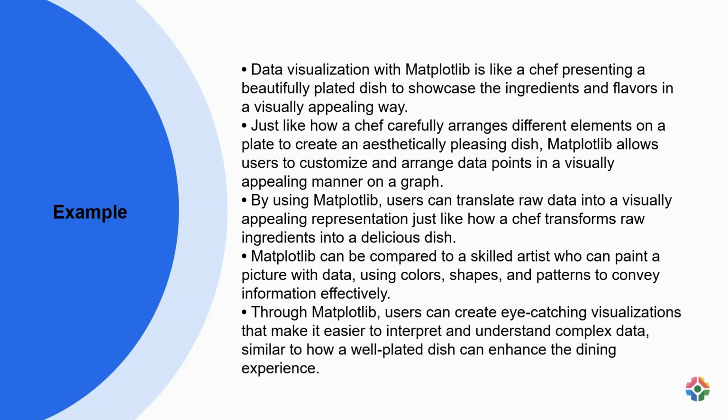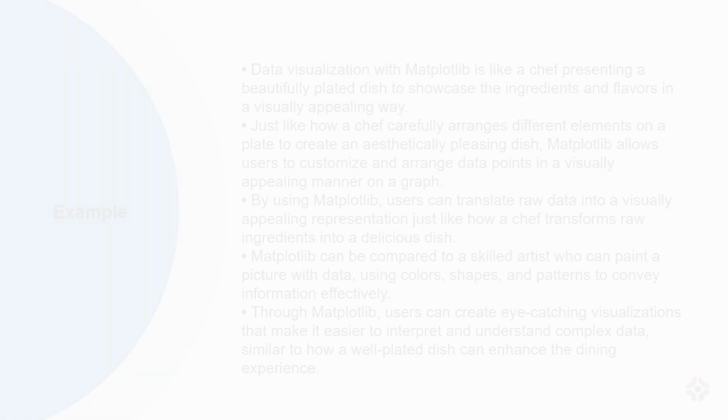By using Matplotlib, users can translate raw data into a visually appealing representation, just like how a chef transforms raw ingredients into a delicious dish. Matplotlib can be compared to a skilled artist who can paint a picture with data, using colors, shapes, and patterns to convey information effectively. Through Matplotlib, users can create eye-catching visualizations that make it easier to interpret and understand complex data, similar to how a well-plated dish can enhance the dining experience.